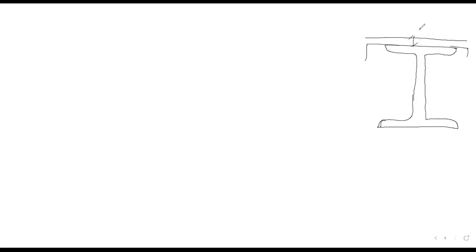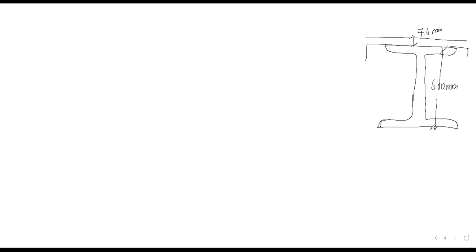So here the flanges we can have like this. Here another channel section is also there. To this channel section I have to add 7.6 mm. So this total height is 600 mm.